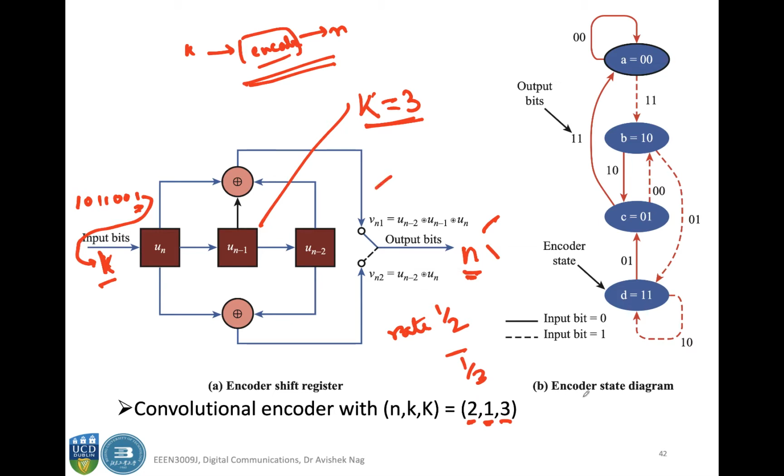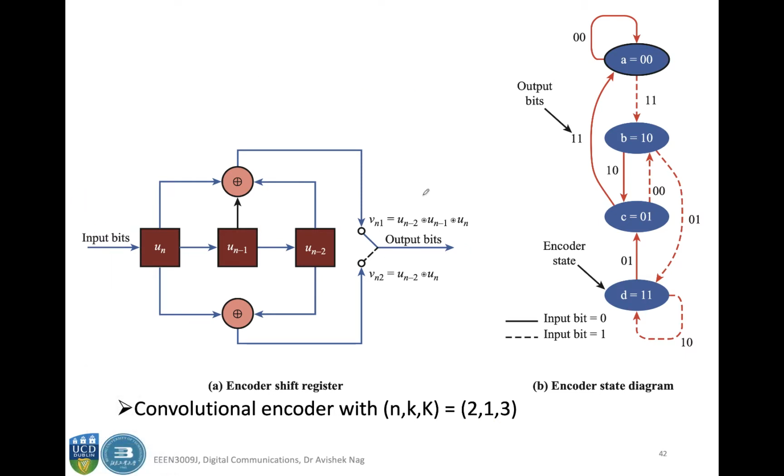If you see closely, whatever input bits are coming, those input bits are loading these shift registers. If your input bit is, let's say, 1, then this shift register will be loaded with 1.